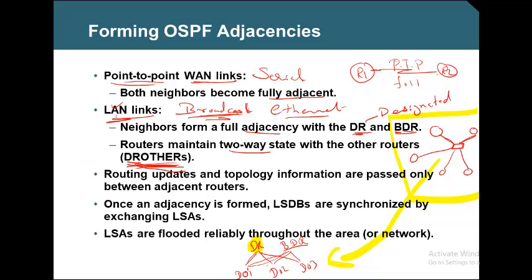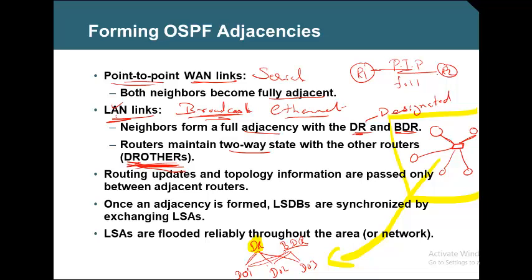And the rest all will go into DR other. Except these two routers, all other routers are called as DR other routers. And these two routers are called as DRs. Sometime in some documents you will see DRs. It means both DR and BDR.